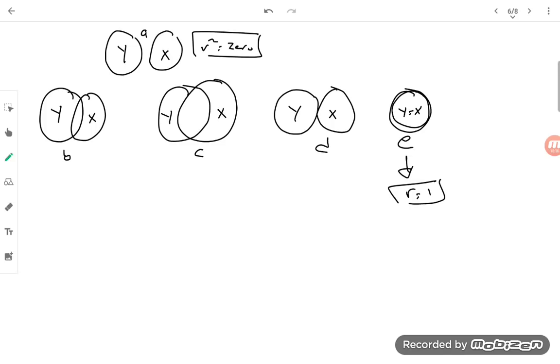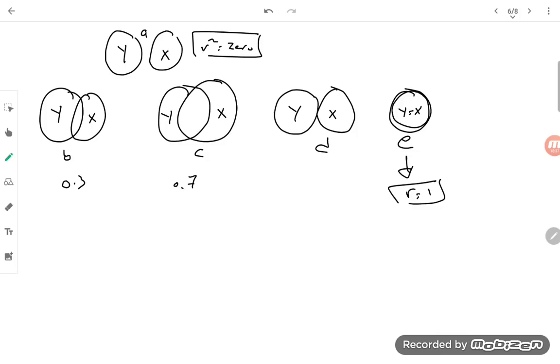Also, there are varieties represented by B, C, D. Say, for example, B can be 0.3. This means that x explains 30% of the variation in y. And say, for example, with respect to C, it's 0.7.